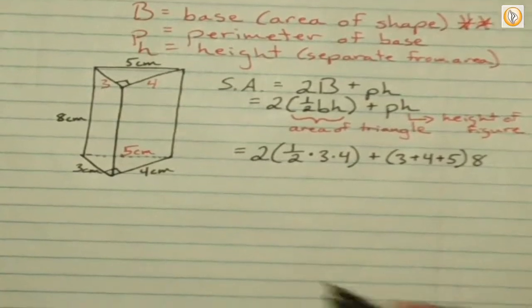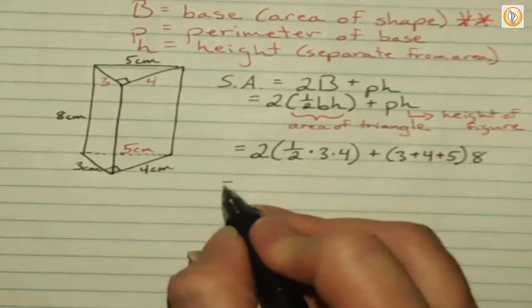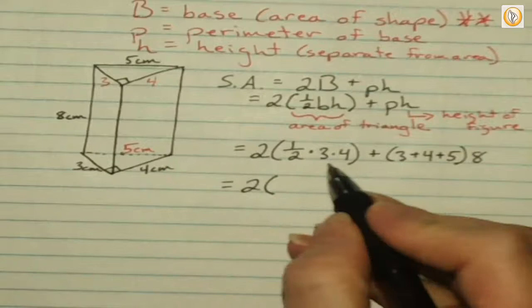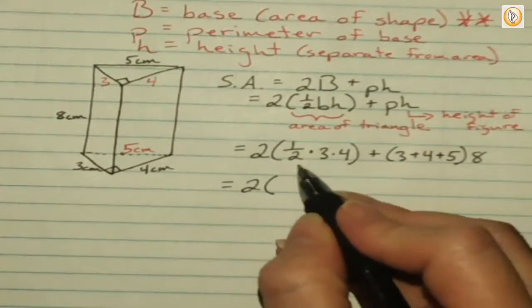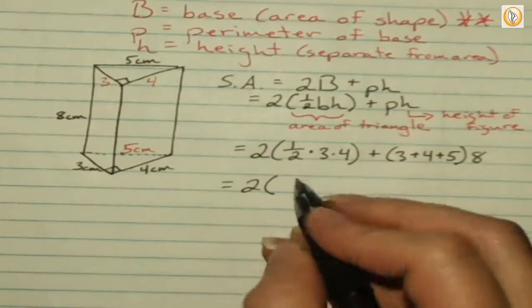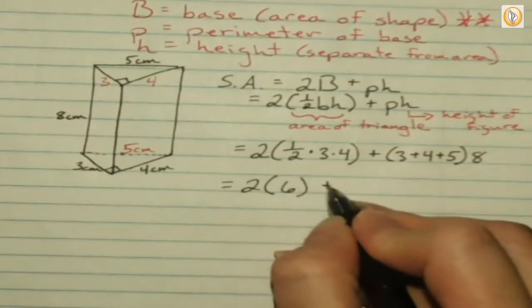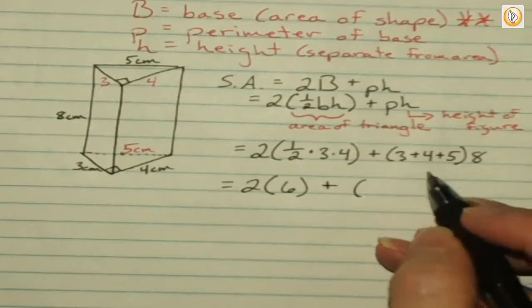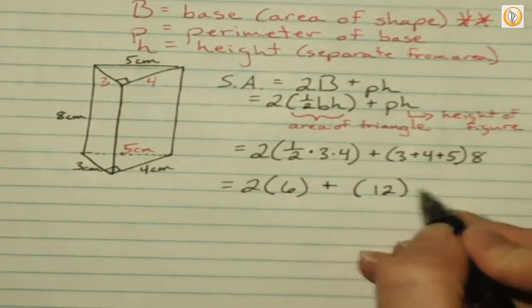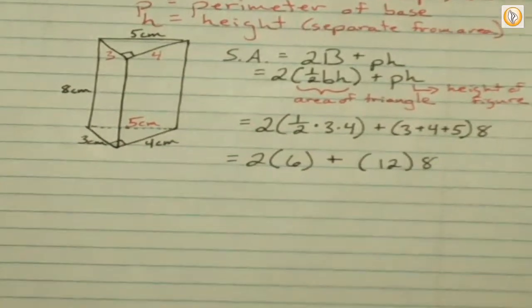Okay, so now let's go ahead and solve this. What is 3 times 4 times 1/2, plus, what is 3 plus 4 plus 5? And then we're going to multiply it by 8.